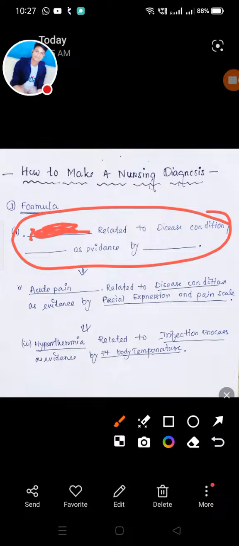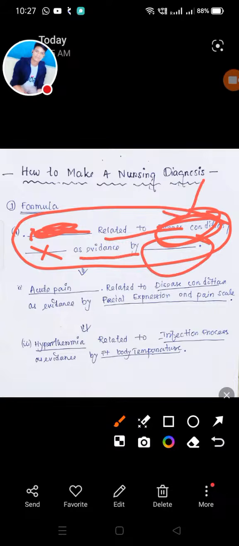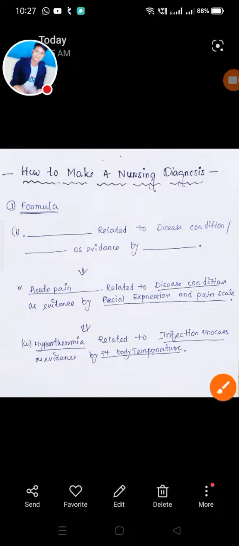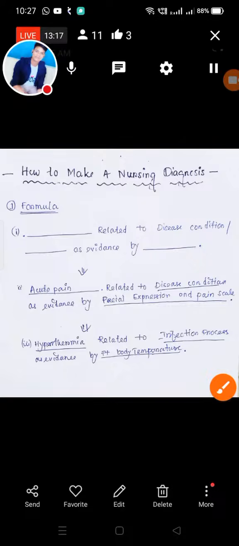Disturbance in sleeping pattern related to what? Related to patient pain or patient disease condition only, you can mention it. In that dash there is no need, already I have taken the disease condition. Same, as evidenced by, and in the last dash I write redness of eyes or verbalization by the patient. So like this you can make a care plan for any sign and symptoms of any disease.